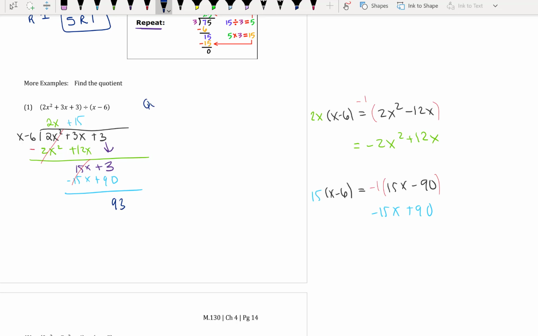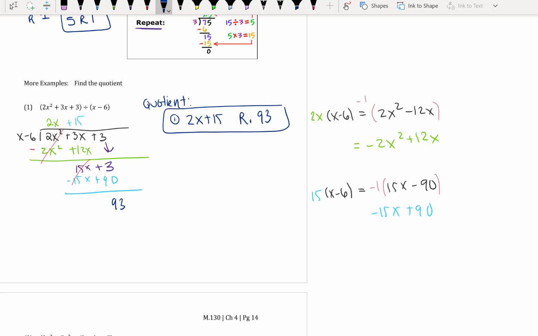So then my quotient can be written in two ways. The first way it can be written is 2x plus 15, and the remainder is 93.